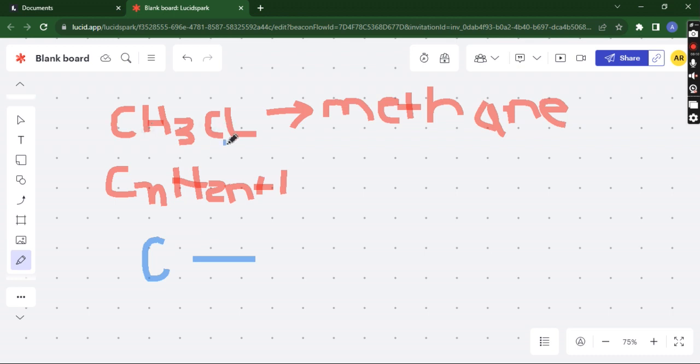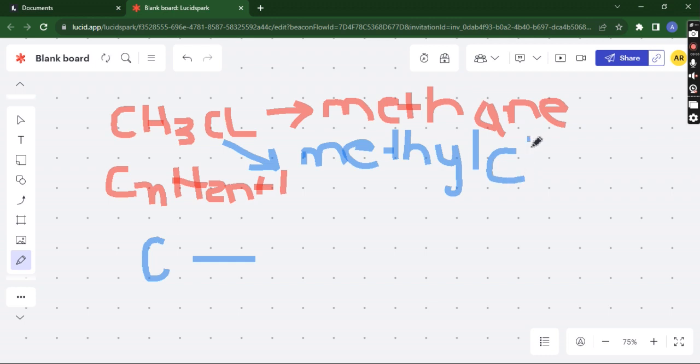If you talk about the normal system, which is alkyl halide, it is known as methyl chloride, right? This is known as methyl chloride.